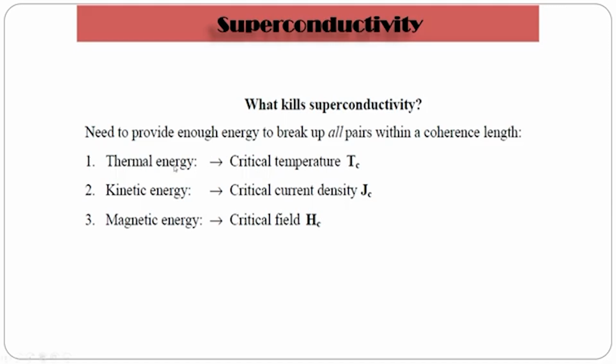It can be done using thermal energy, where there is a critical temperature Tc, or you can pass a current in the system. If the current exceeds some critical current density Jc, then also superconductivity will be destroyed, or superconductivity can also be destroyed by using a critical magnetic field Hc.